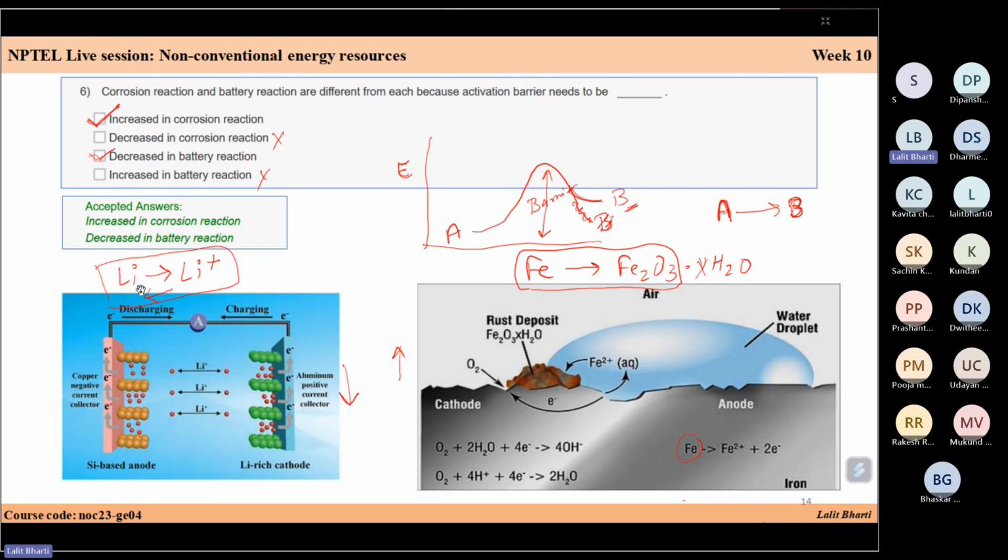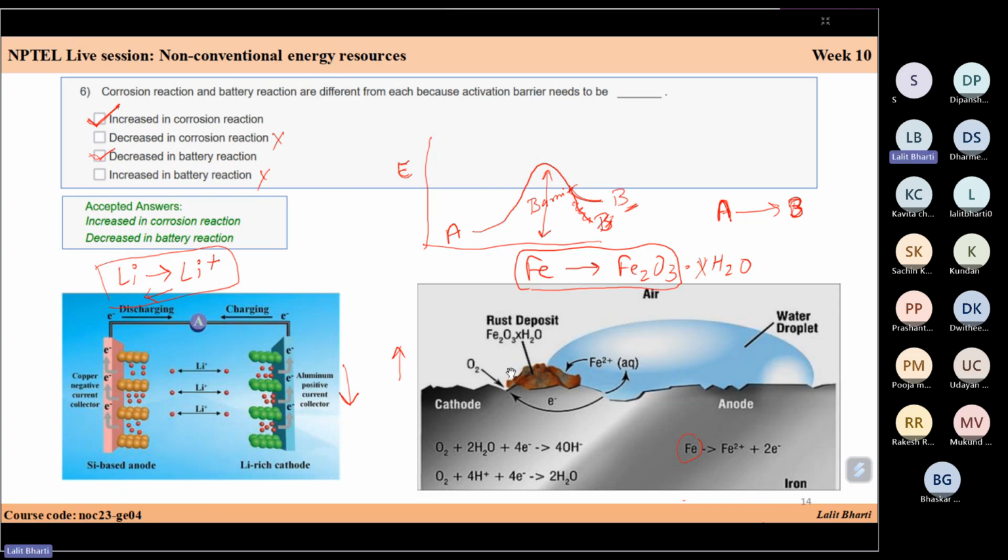So your lithium should go to lithium plus and lithium plus should go back to lithium. So this should be decreased in the case of batteries. So increase in the corrosion reaction barrier will be correct, but decrease will not be correct. In the case of batteries, decrease will be correct and increase will not be correct.